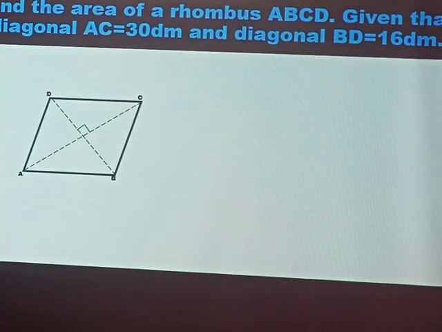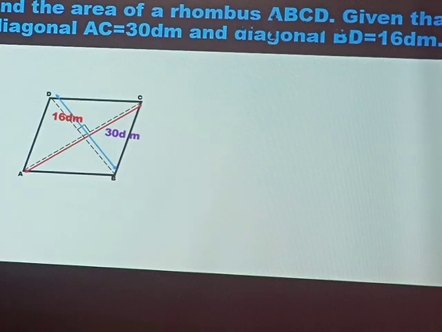Now from that point, I want you to see that AC has come, which is 30 decimeters. That is our diagonal. I think that's diagonal 2. It's longer. Then I have diagonal 1 coming in, which is 16 decimeters. What next comes in?